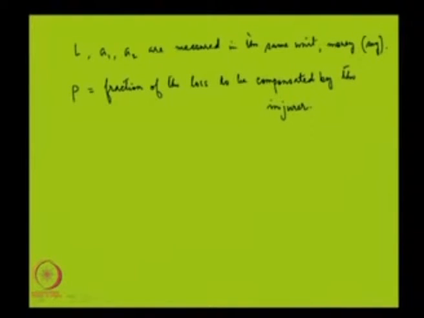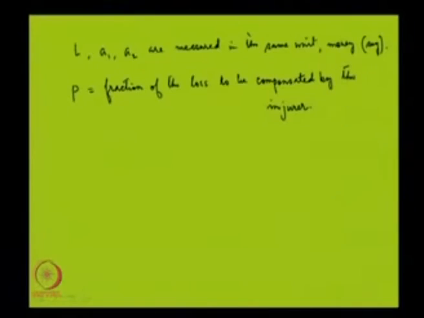Now, rho can also be thought of as a function of A1 and A2. What kind of function will this be? If A1 rises, this means that the injurer is taking more care.